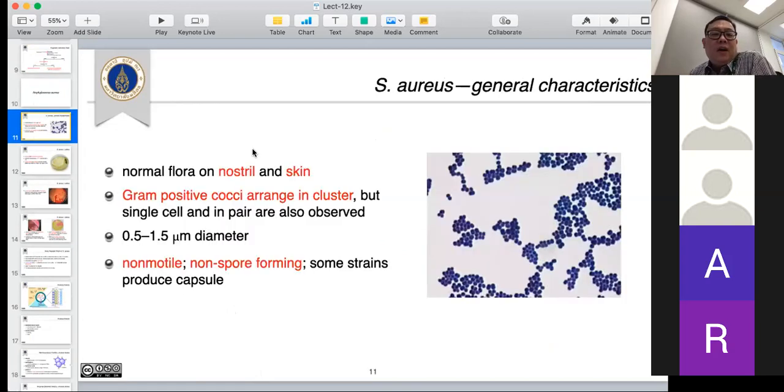The characteristic of aureus look like general staph. Normal flora of skin in the nasal tract. Arranged in clusters. Cell size is about 1 micrometer. Non-motile, non-spore forming. Okay. Just few strain can produce capsule, but mostly not.